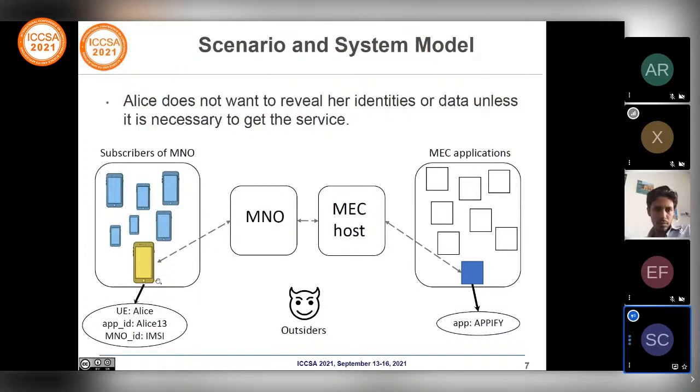The deal here is that Alice does not want to reveal her identity or any data unless it's necessary to get the service. For example, Alice might not want the MNO to know which application she is using.